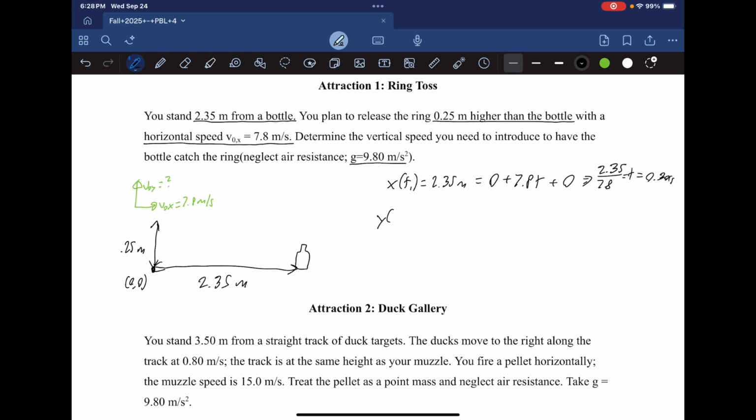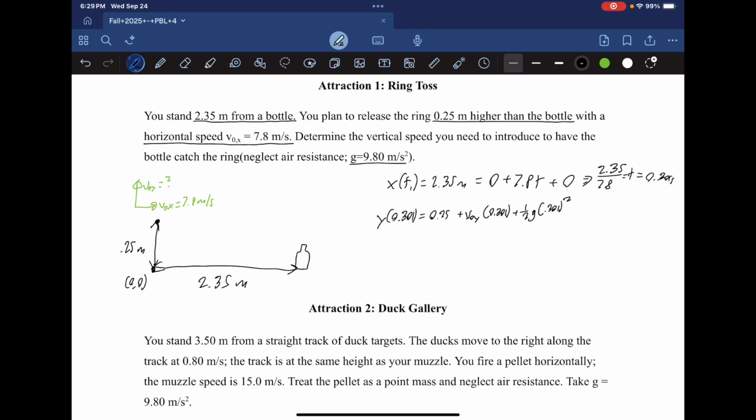And then we can use that to solve our y of t. So we have y of 0.301 equals 0.25, the point that we're releasing it from, so our y naught, plus v naught y times 0.301 plus 1/2 acceleration, which we'll just call g, times t squared, so 0.301 squared.